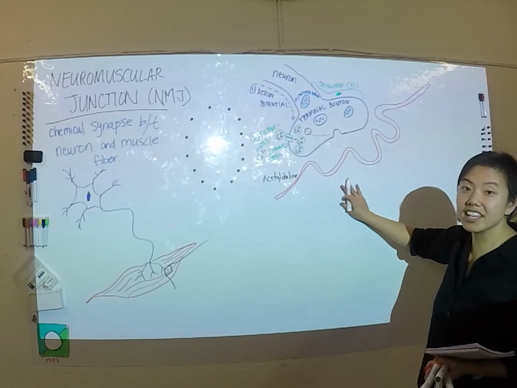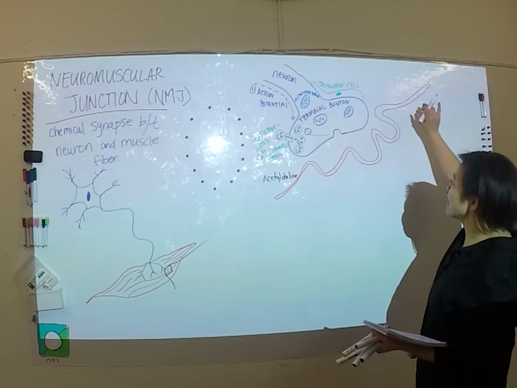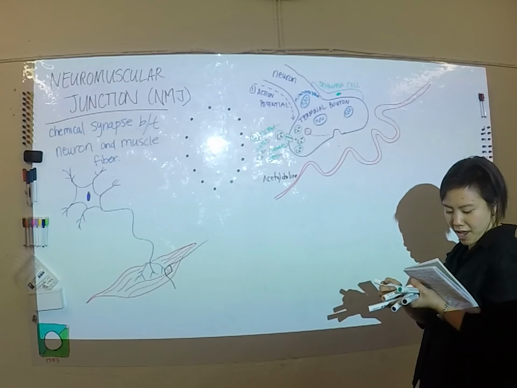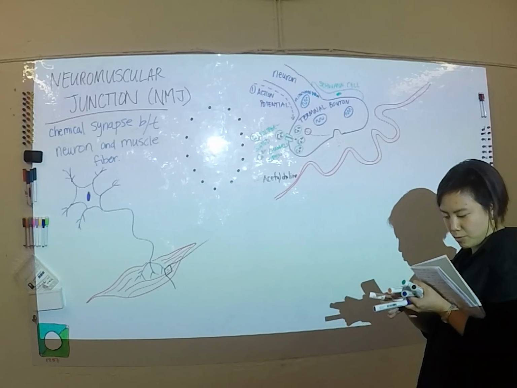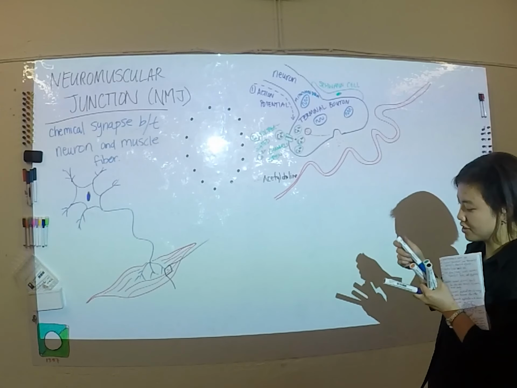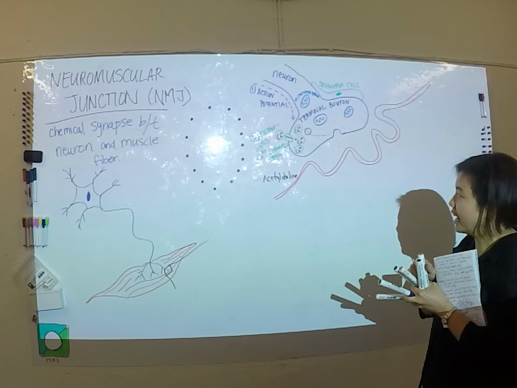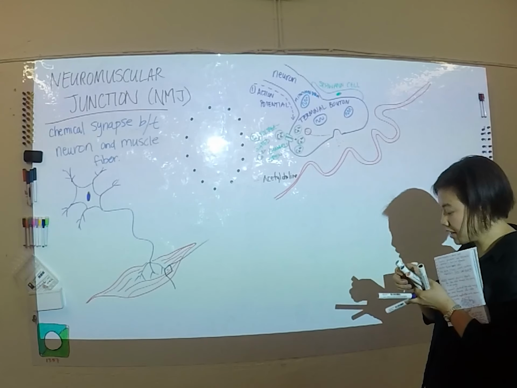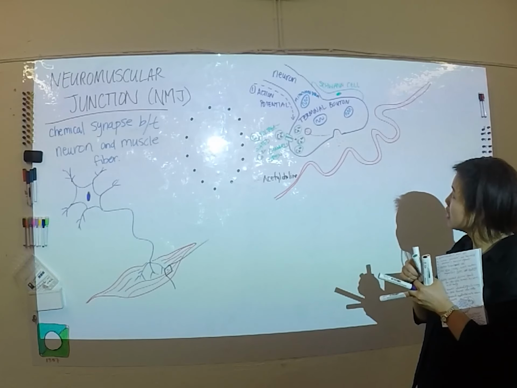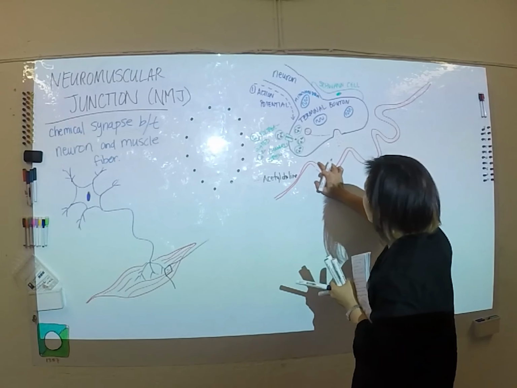And the reason why is, if it was just flat, so think about it this way, we are going to have a bunch of receptors in the membrane, okay? And I'm going to use a different color to show that they are different.